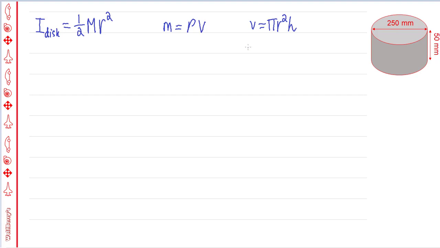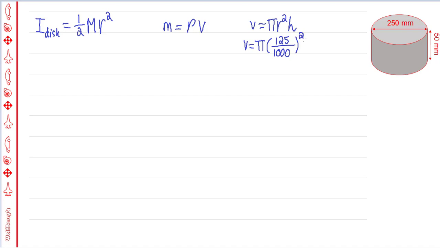Now, the volume is equal to pi multiplied by the radius. The radius is 125 mm. We need it in meters, not millimeters, so it's going to be 125 divided by 1,000. That's the radius.